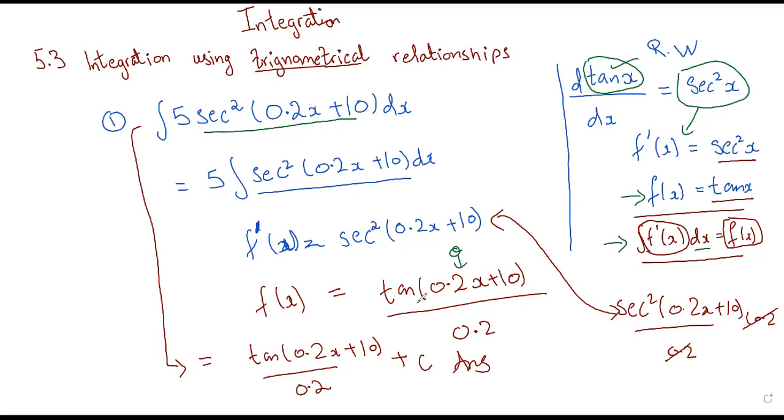But if I only had this, there should have been a 0.2 here. Since we do not have a 0.2 here, it means we would have a 0.2 in the denominator of the function, because then this 0.2 and the 0.2 would have been cancelled. Right? Do you understand it clearly, 100%? Yes, I do. Okay.